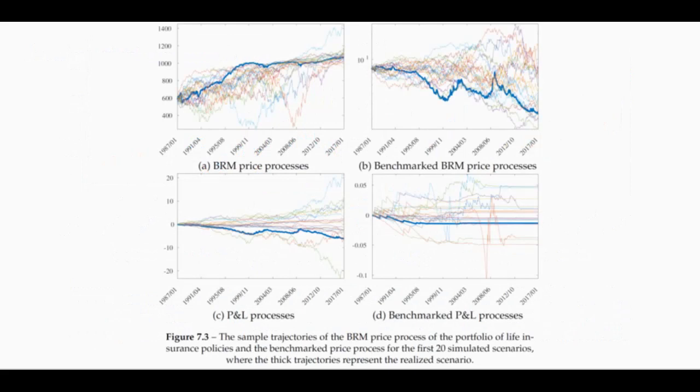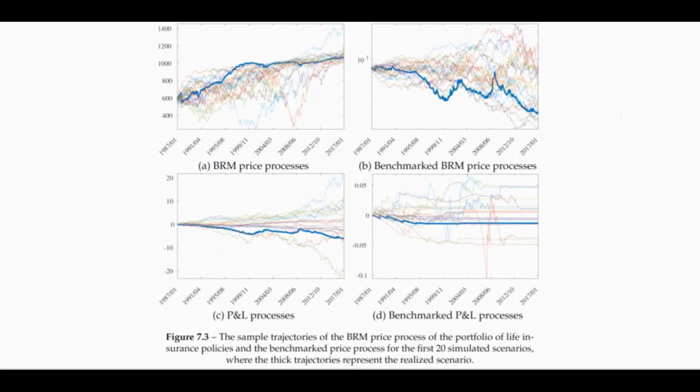So here we show the results out of each investment, out of each realized scenario, the price processes. The first panel shows the price process of the portfolio, of the life insurance contract portfolio. And the second one is the benchmark price process.